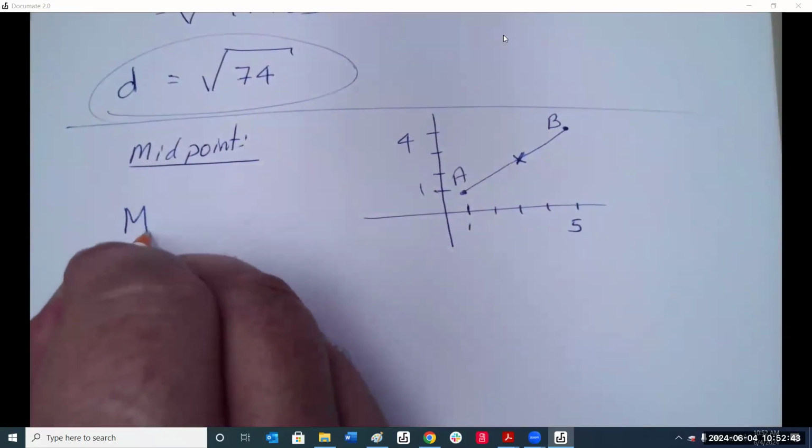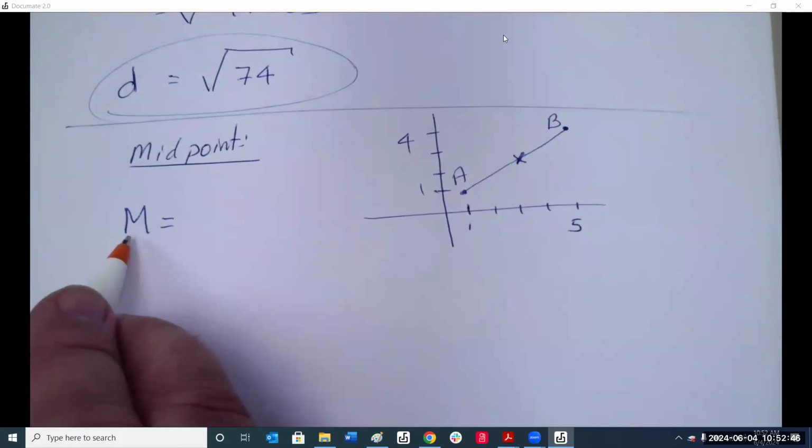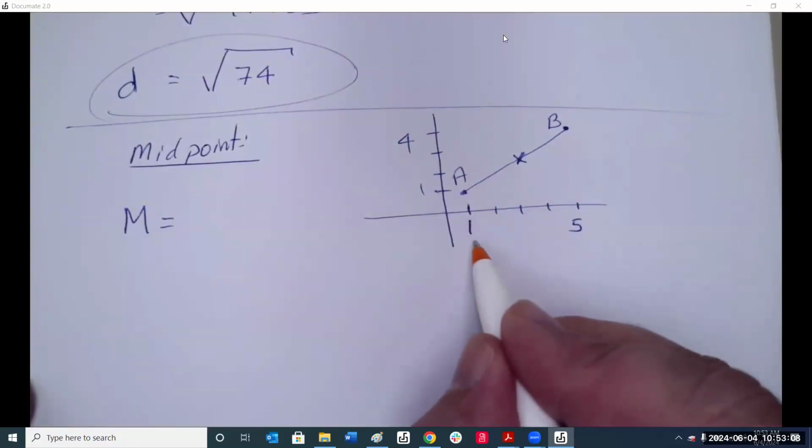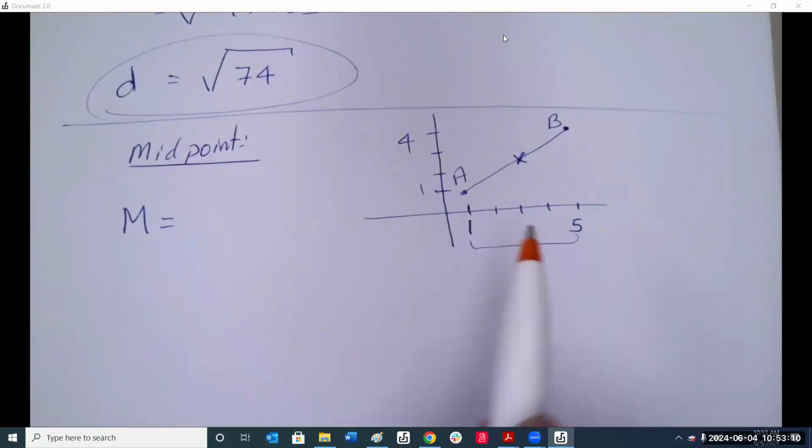To determine midpoint, we use the capital letter M for midpoint. And basically, all the midpoint really is the average of the horizontal and the average of the vertical. In other words, what number is between 1 and 5? How would you find the number between 1 and 5? That finds you the distance between there. I want to know what number is halfway between there.